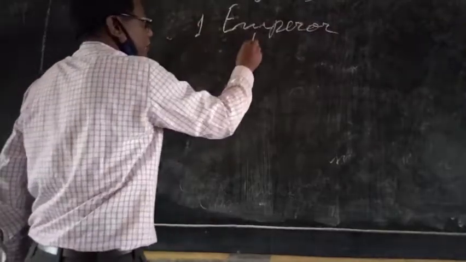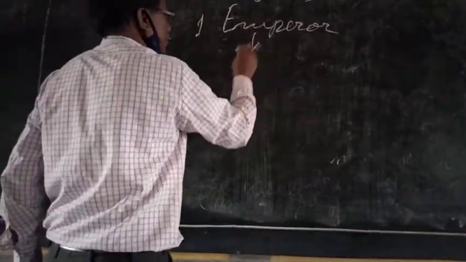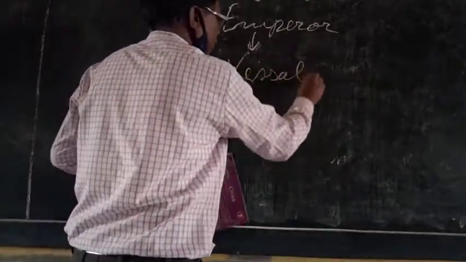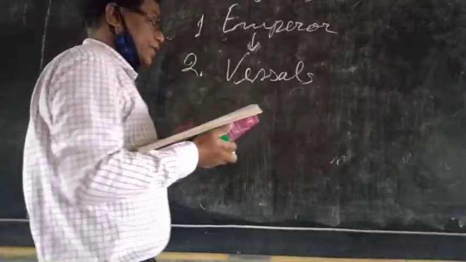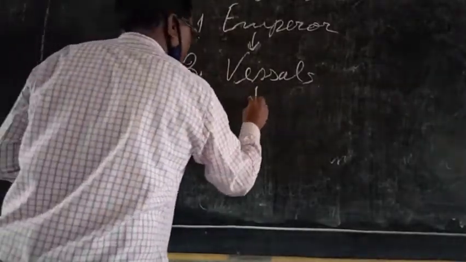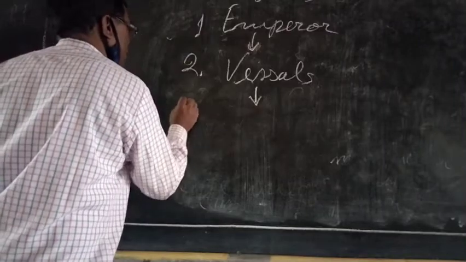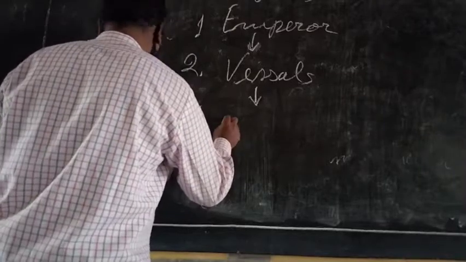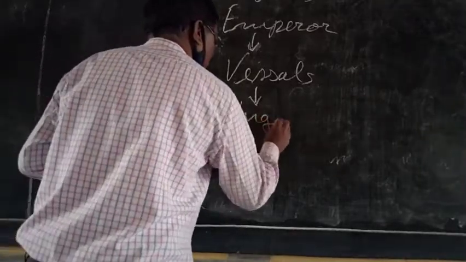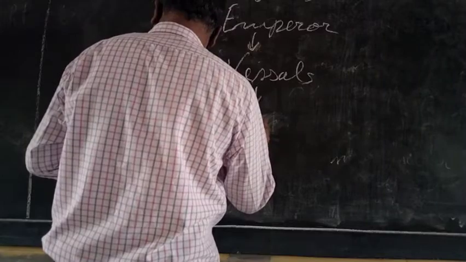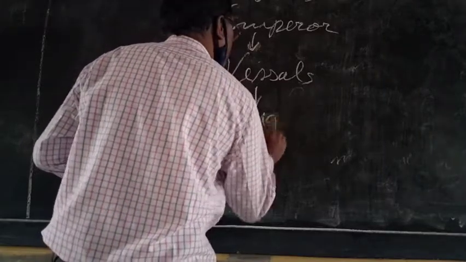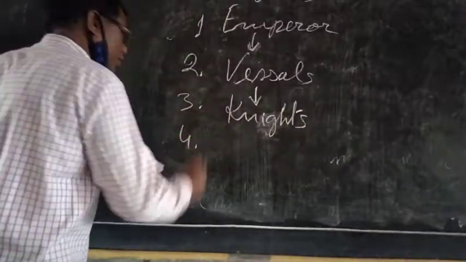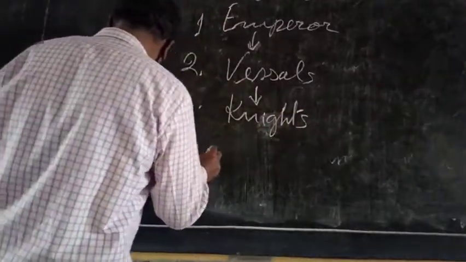After that come the vassals. Then, lower than that, number 3, the knights. Number 4 is the peasants.